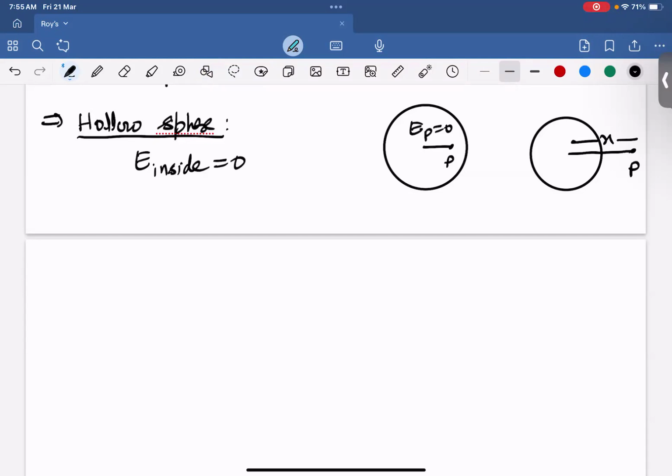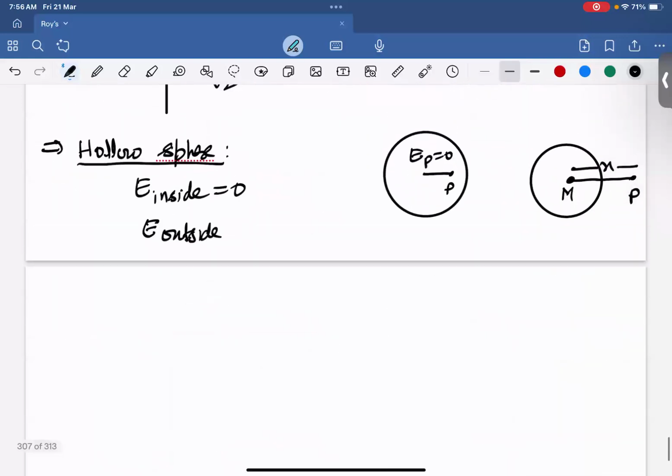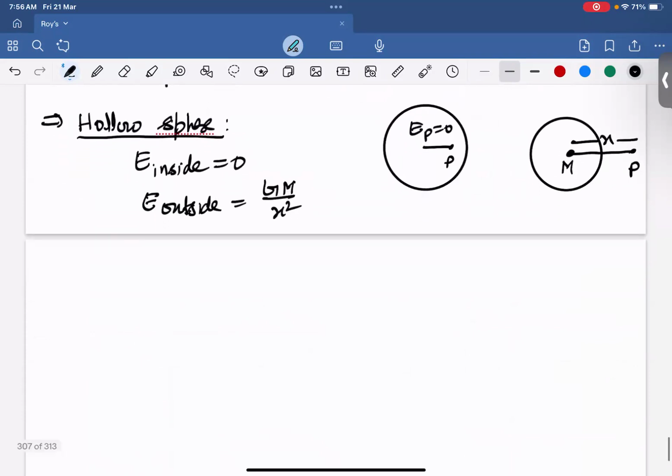In that condition, the total mass of the sphere you can suppose to be concentrated at the center. And then you can use the formula for the point mass, that is outside. Point mass formula we all know, GM by r square. So total mass you can keep at the center, and here it becomes GM by x square. Understood? Understood, sir. So hollow sphere is this.